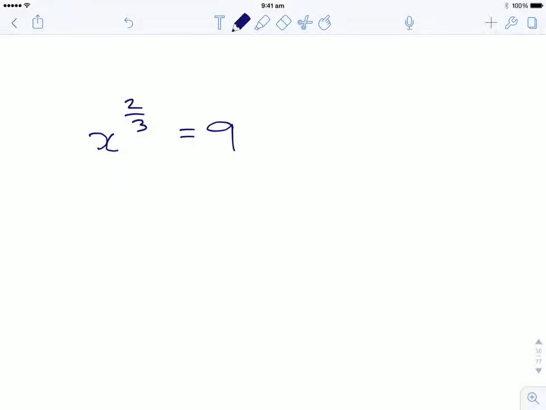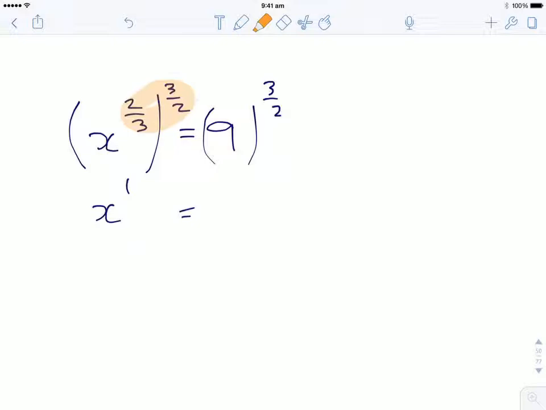This is a similar example. x to the 2/3 equals 9. Now how can we undo 2/3 so that we end up with just x to the power of 1? That's what we want. So the solution here is to go to the power of 3/2 to both sides. You'll see that when we multiply those numbers there, 2/3 times 3/2, we get 1.